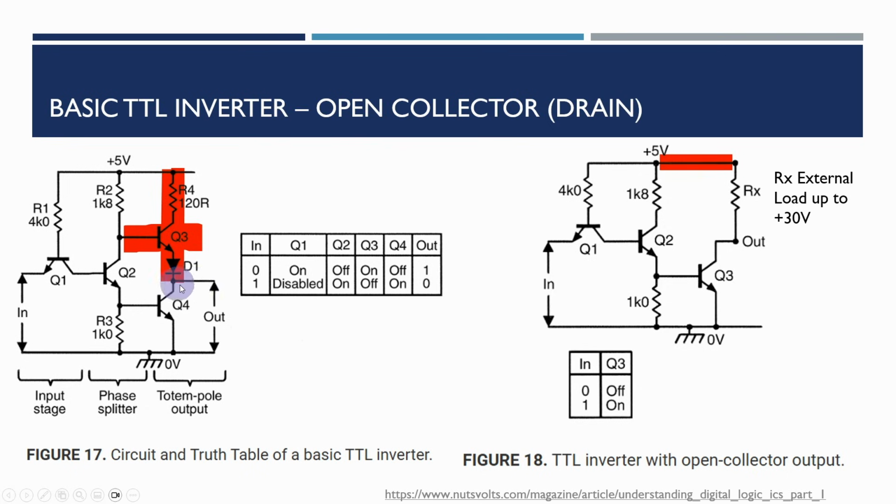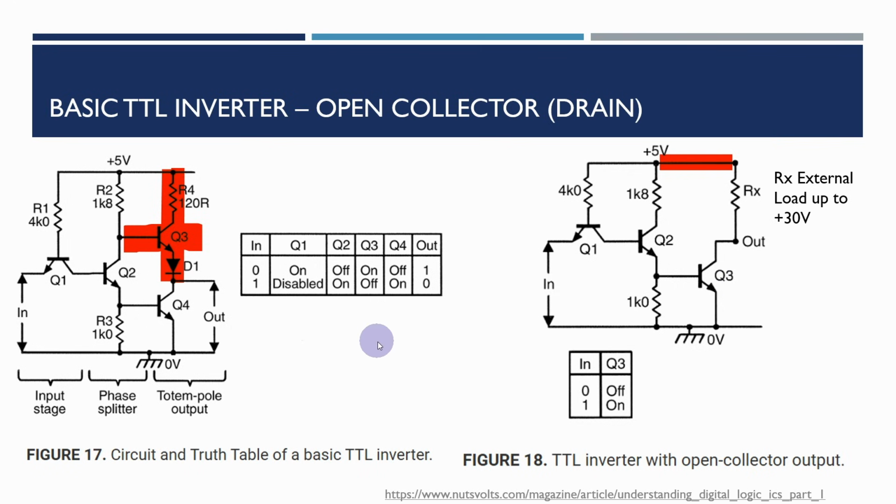If we connected multiple outputs of this totem pole type, then you would have a problem. So open collector is sometimes also used with microcomputer buses, where we need a signal that can be asserted by different components in the circuit. So you'll have them open collector with a pull-up resistor.